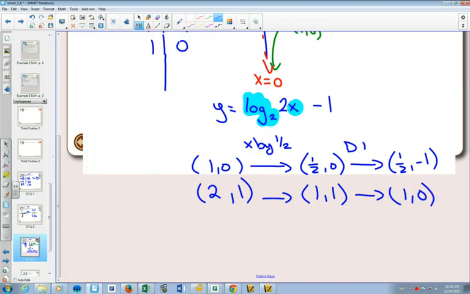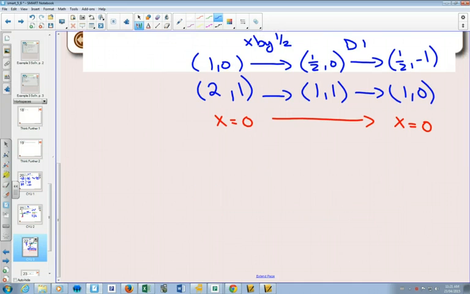Is our asymptote going to change at all? Our asymptote is a vertical asymptote. The only way a vertical asymptote is going to change is if you shift it left or right, and we don't have any shifts left or right here. So throughout all of this, we will still have x equals 0 as our asymptote. And that's going to be enough to graph our new function. We can put our asymptote in at x equals 0.